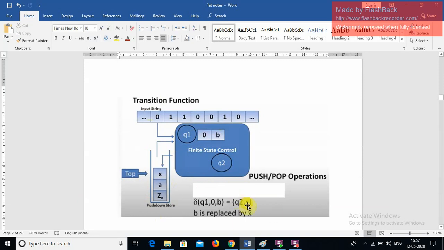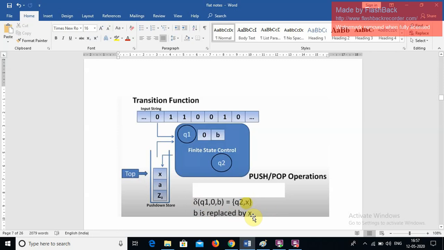And x is the new stack variable pushed into the stack. That means simply, for the previous diagram, b is replaced by x. If you give a transition like this, b is replaced by x. This is a transition function.